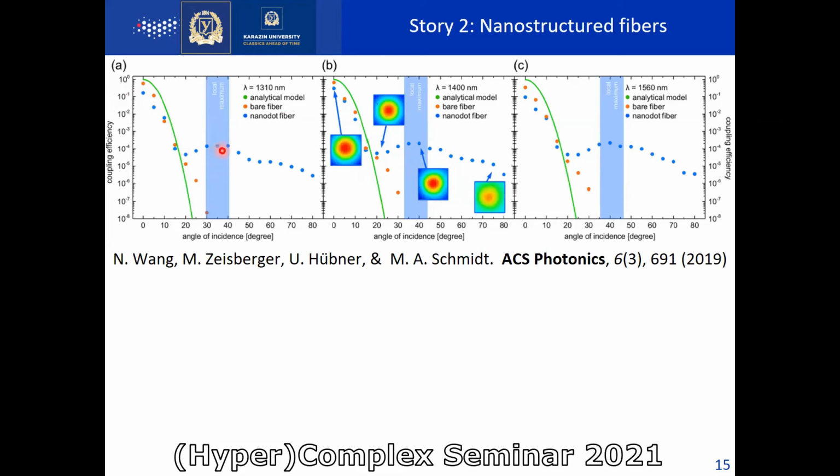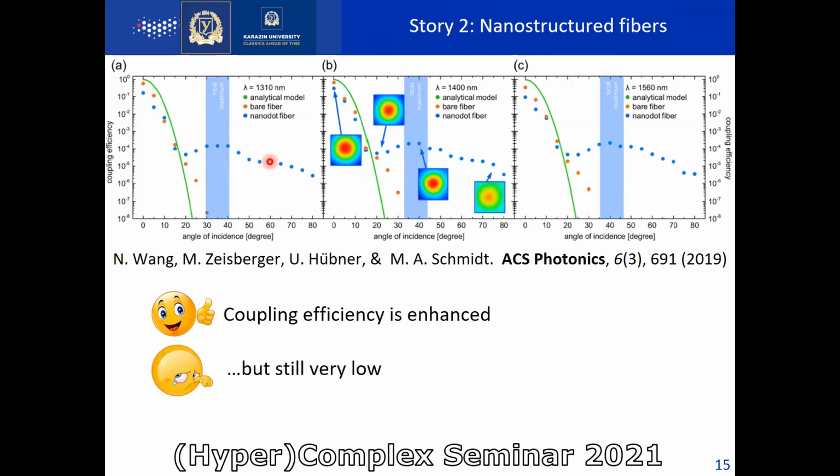Orange dots correspond to the unstructured fiber, and blue dots to the fiber empowered by this plasmonic periodic array of nanoparticles. You can see that the coupling efficiency is greatly enhanced for different angles, but at the same time it is still very low, especially at large angles of incidence: 10 to minus 4, 10 to minus 5, and at large angle 10 to minus 6.